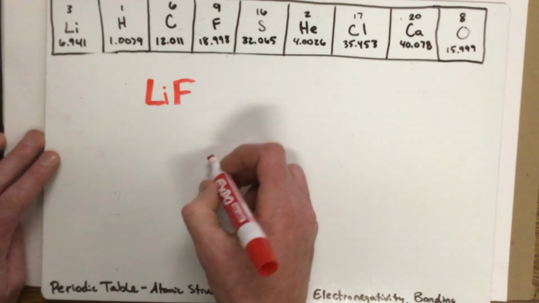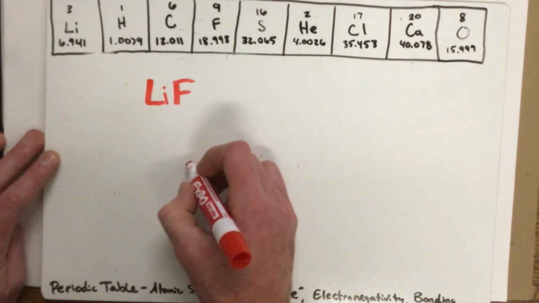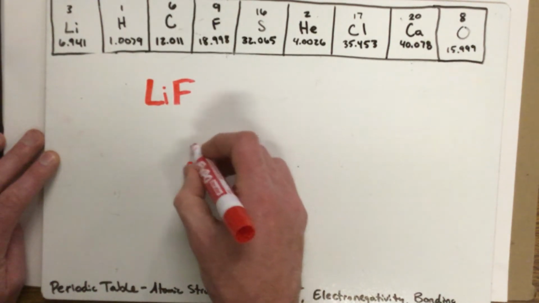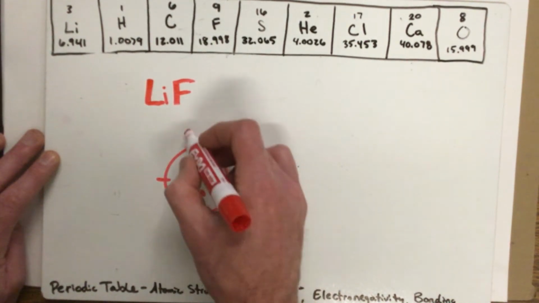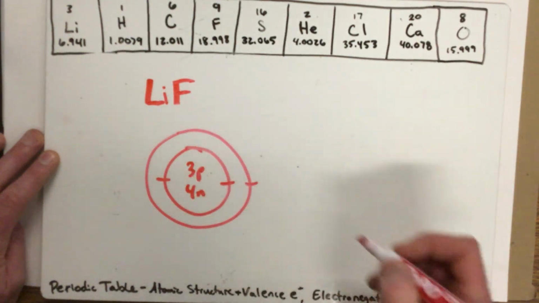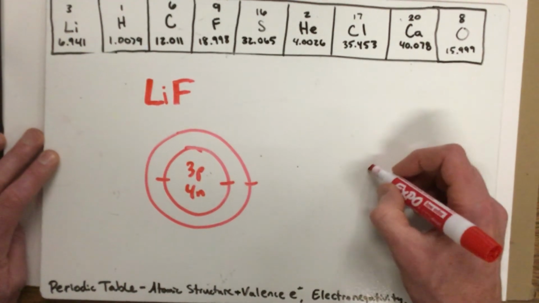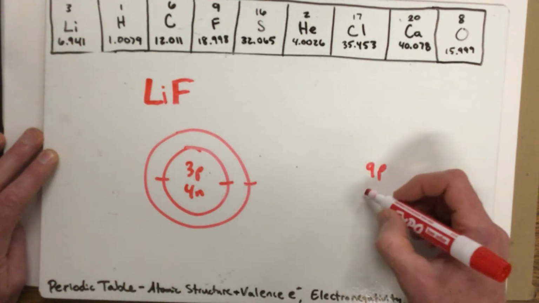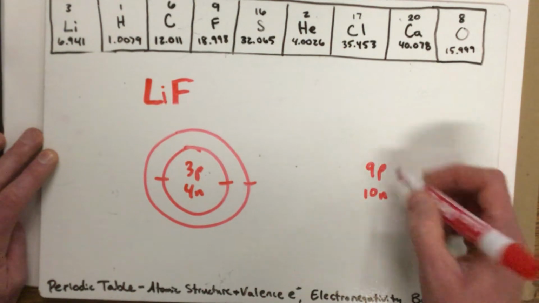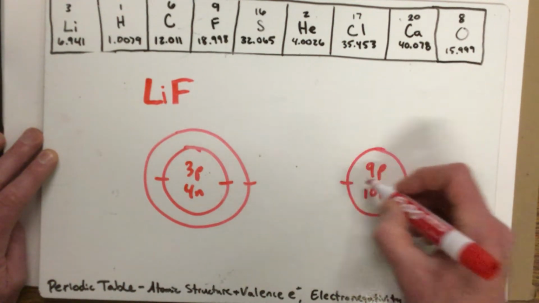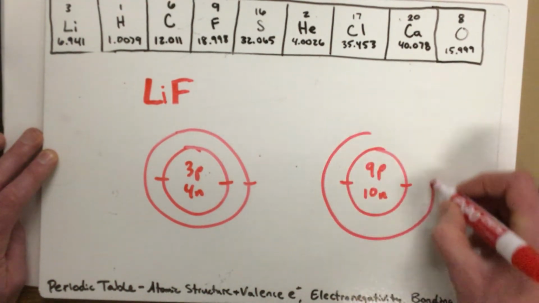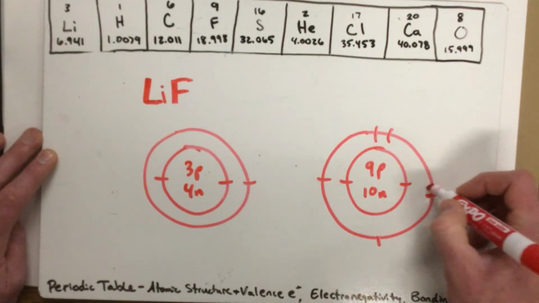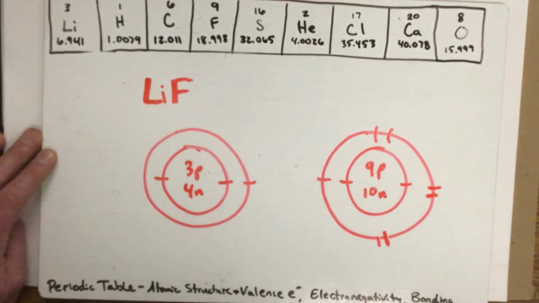Lithium, I'll just draw that one. So we got 3 protons, we got 4 neutrons, 1, 2, 3. And fluoride, we got 9 protons. Remember, in the most common isotope, we have 10 neutrons. 1, 2, 3, 4, 5, 6, 7, 8, 9.